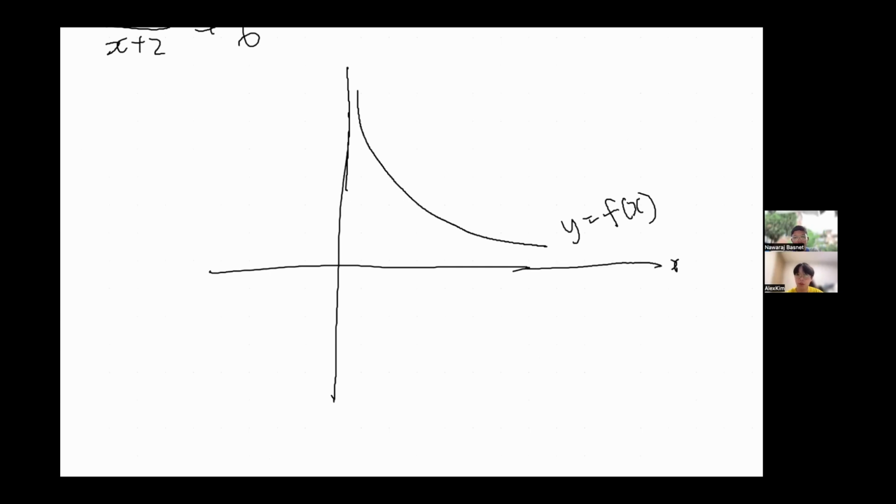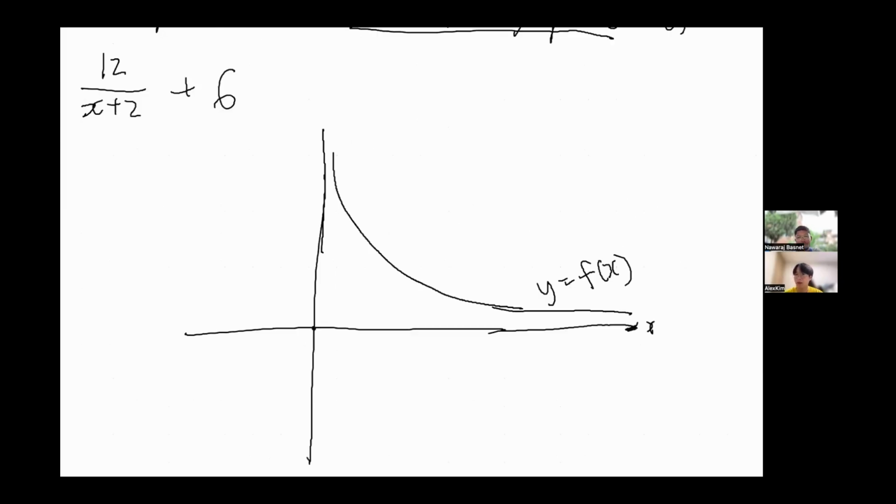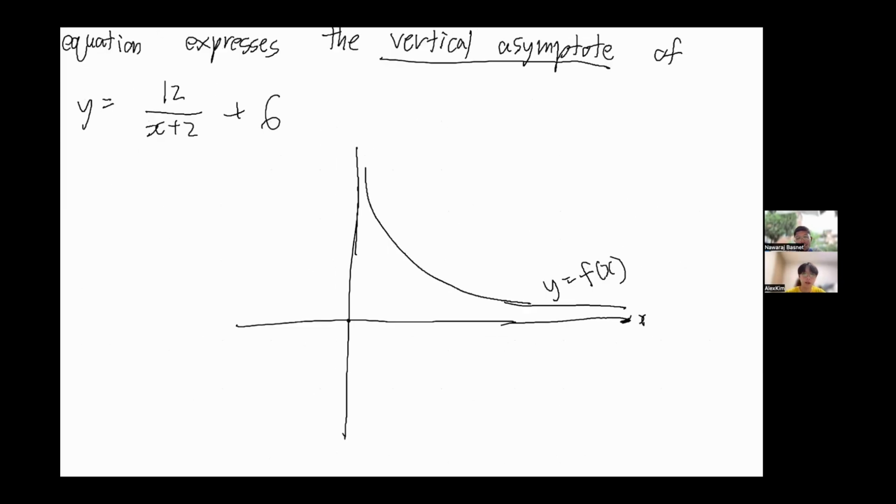So the y value will constantly be getting closer and closer to 0, which is on this line, but it never touches or crosses it. And then if you look at the other side here, you can see that it keeps going up and up, but it never touches the y axis.